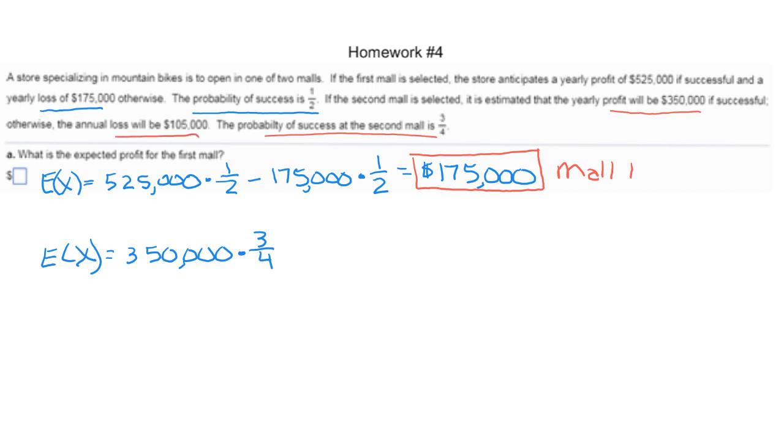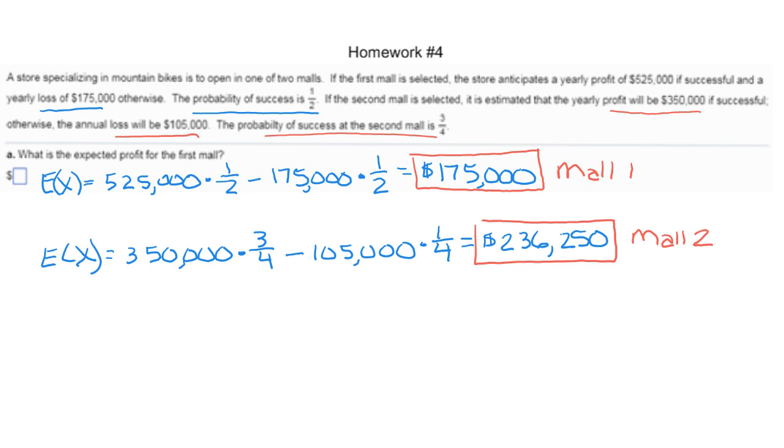If it's not successful, it will experience a loss of $105,000. So again, we're going to subtract $105,000 times its corresponding probability. So if we have 3/4 or 75% going towards success, that means we have 25% going to failure, or 1/4. And this will give us an expected profit of $236,250. This is the expected profit for mall number 2.